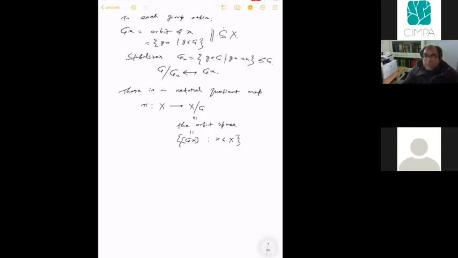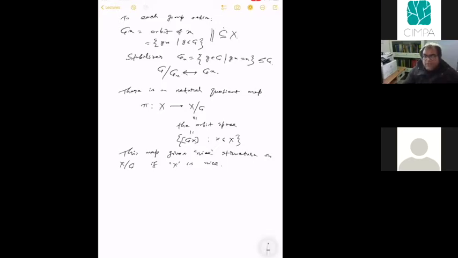So this map gives nice structure on X mod G if X is nice.